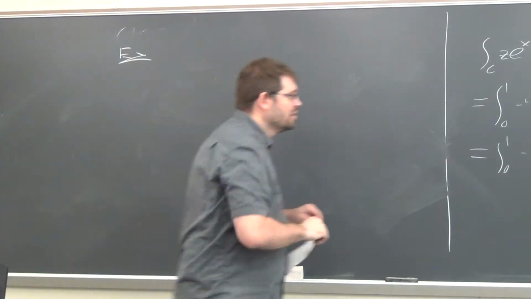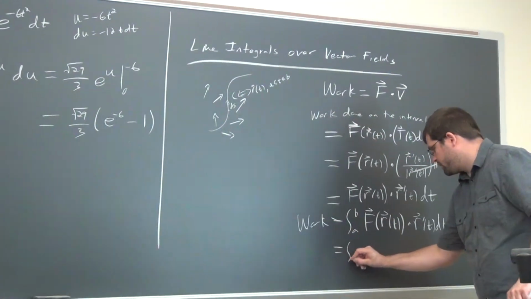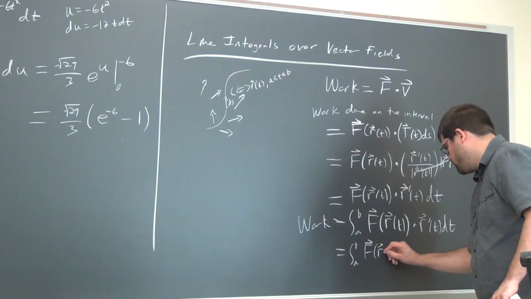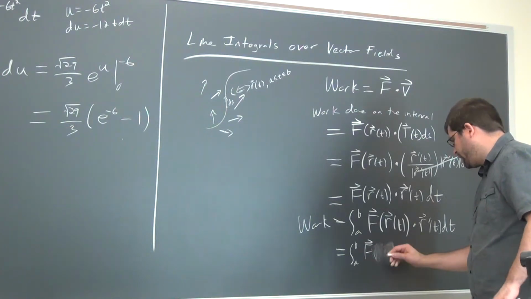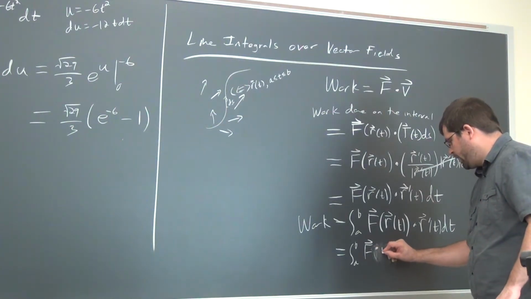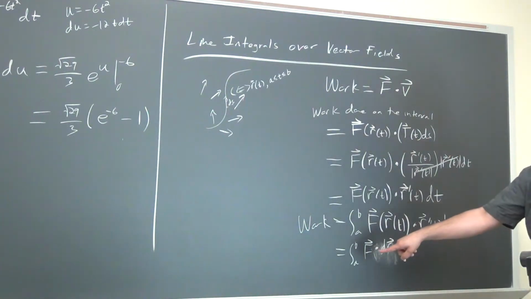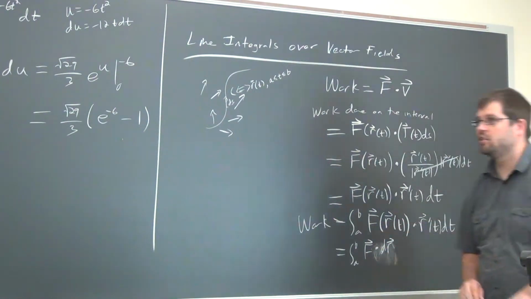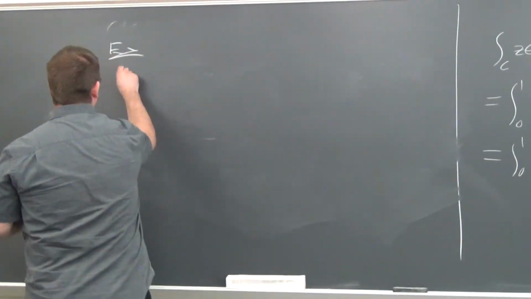Oh, and I should say, we often denote this as the integral from a to b of f dotted with dr. So you'll see this notation a lot, and it just means this, right? The dr is r prime dt. The f, you're evaluating it along your curve. All right, and so that's what we're going to have here.